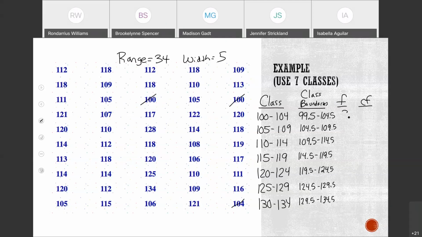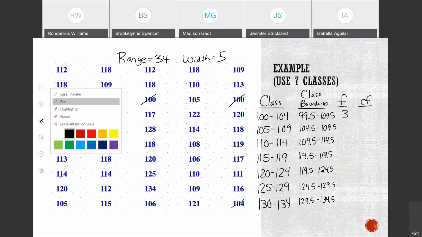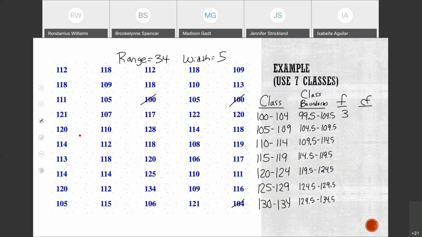The good thing is, at the end, if we have something that we haven't marked off, we'll know to go back and put it where it belongs. All right, so now I'm going to count numbers between 105 and 109.